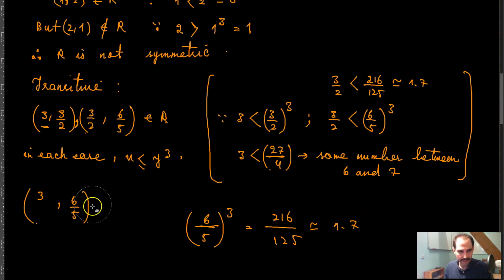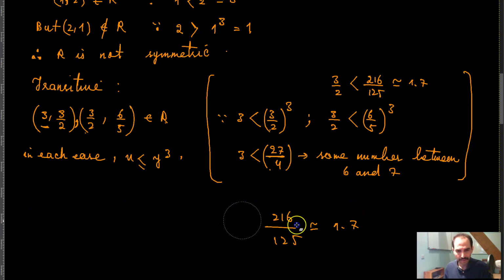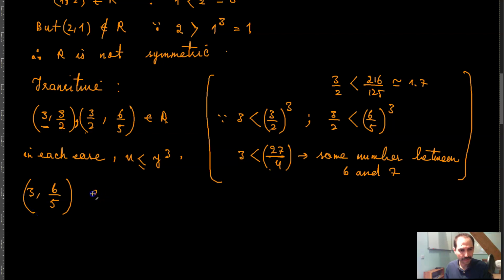But as you can see, 3 comma 6/5 does not belong to R, because 3 is actually greater than 6/5 whole cube, right? Which means that basically R is not transitive.